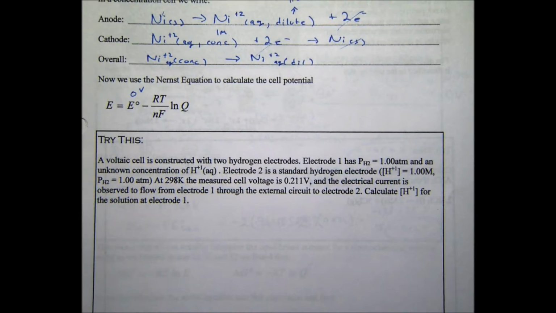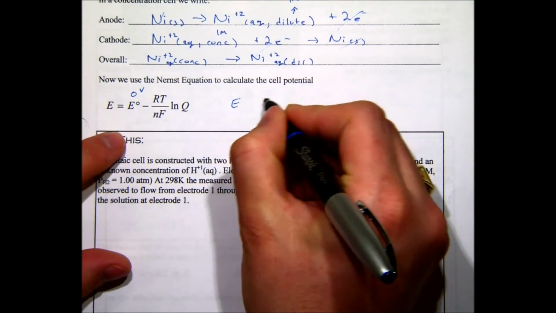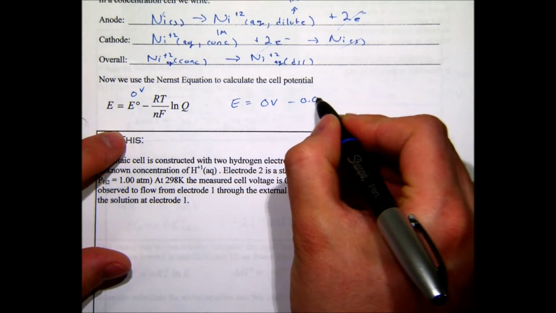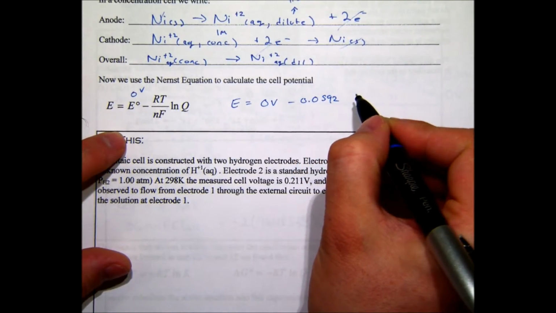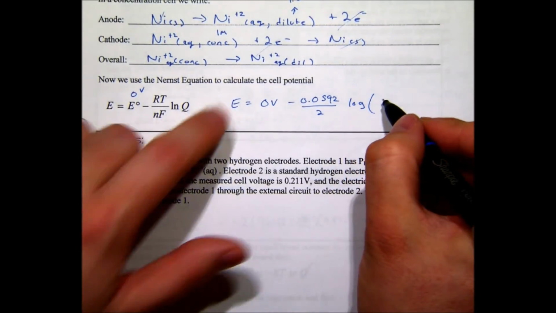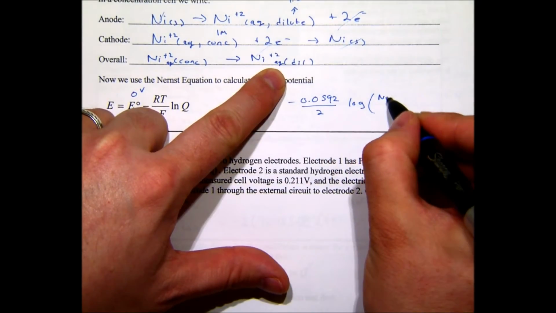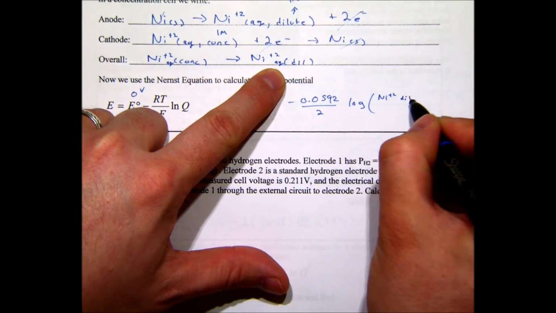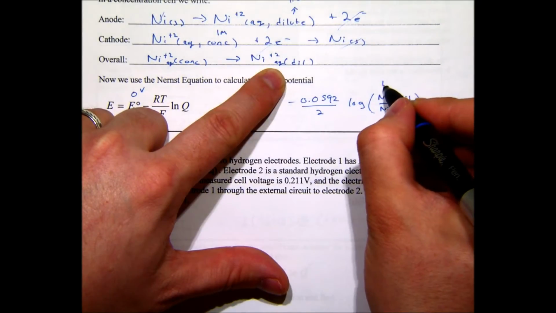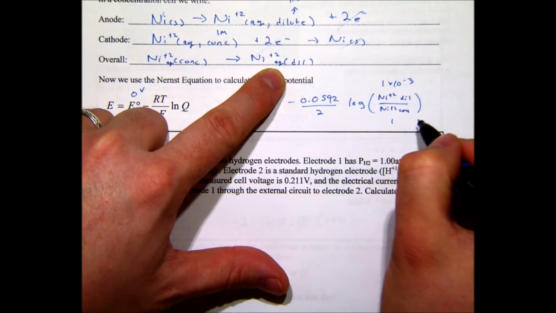And that's just by plugging these values in for log Q. So for the nickel one, we would say E is equal to 0 volts minus 0.0592 over 2 log of the product. So nickel plus 2 dilute over nickel plus 2 concentrated, which would be 1 times 10 to the negative 3 over 1.